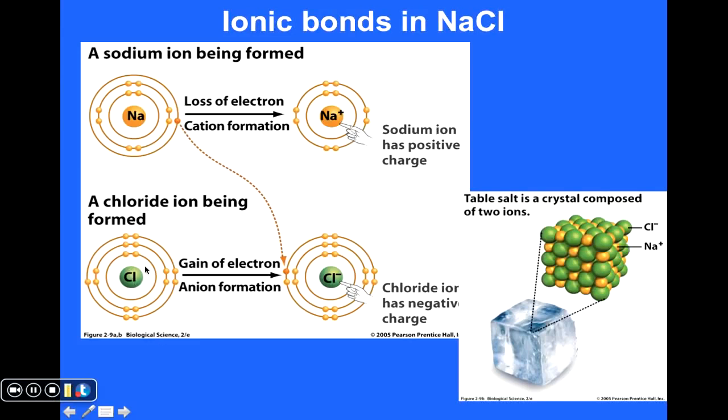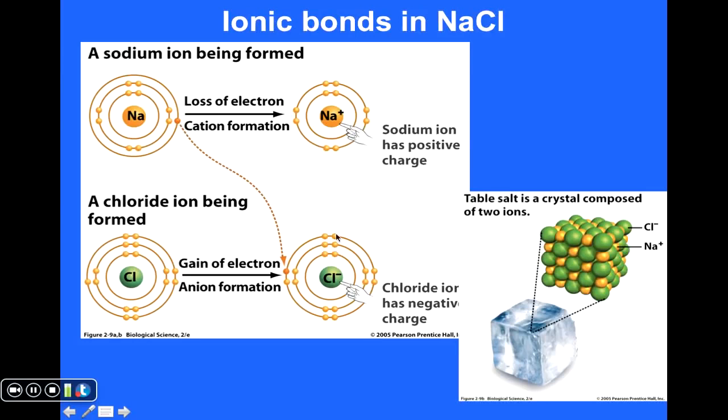Likewise, if you take a look at chlorine, illustrated toward the bottom here, chlorine has an atomic number of 17. So how are the electrons configured? Well, again, 2 in the first shell, 8 in the next shell. That's a total of 10. So the additional 7 electrons, 2, 4, 6, 7, found in the outermost shell, it would be satisfied if this chlorine could actually gain an electron.